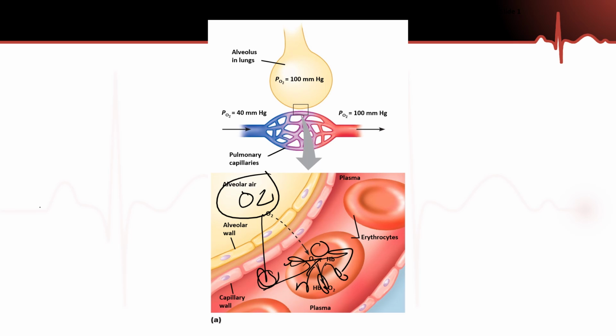It is essential that you drive the partial pressure of oxygen within the plasma and the intracellular fluid of the red blood cell up so that hemoglobin will become more saturated with oxygen. That's the true value of having more oxygen within the plasma and the intracellular fluid. It's influencing hemoglobin.